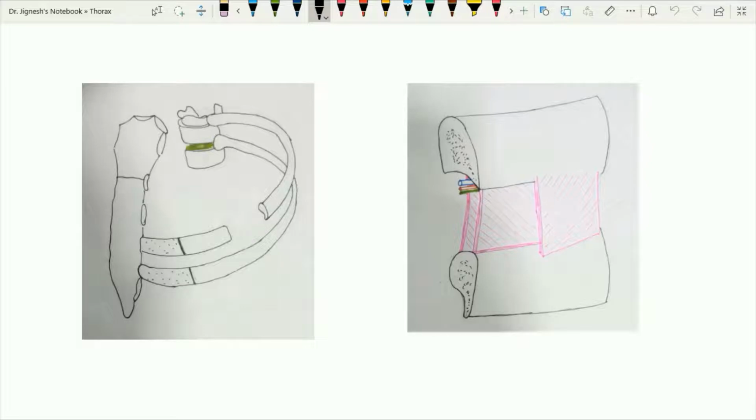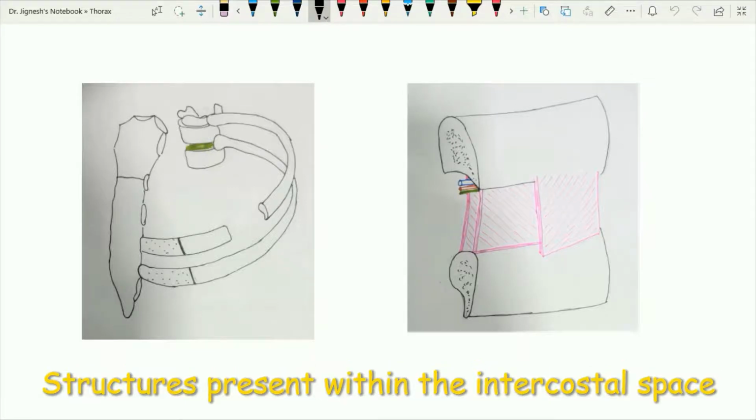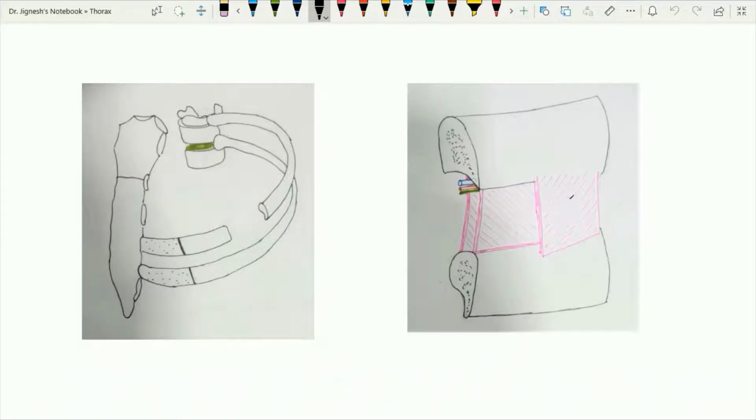But before orienting to the intercostal muscles, let's orient to the structures from anterior to posterior in the intercostal space. Most anteriorly there will be the skin and the subcutaneous tissue, and just below them we find one muscle sheath, which is externally present, and this muscle is called intercostalis externus.